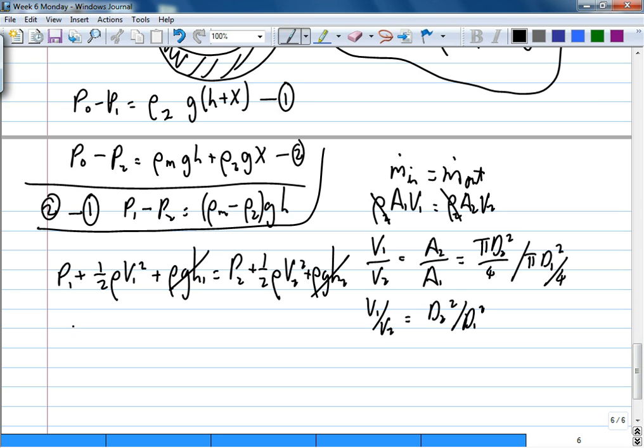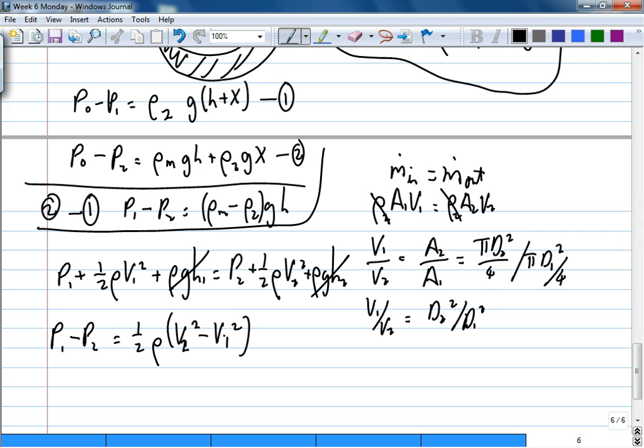We can rearrange. Move here: P1 minus P2 equals half rho, V2 squared minus V1 squared, it should be V2, P1.